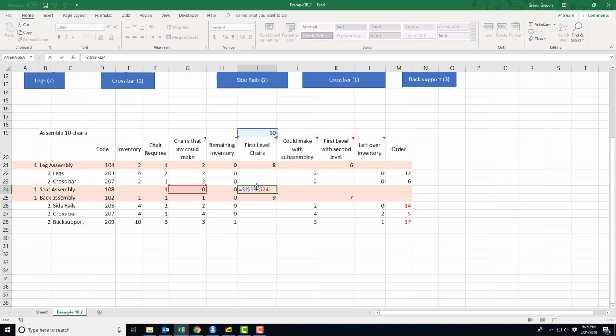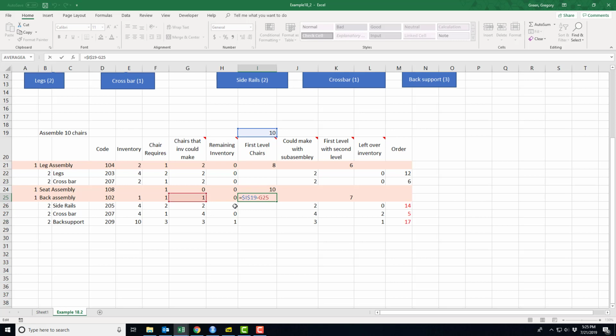I need to make 10 chairs, so I'm going to have to make 10 seat assemblies. Given the seat assembly inventory I have, it's not going to help me reduce the number of chairs I need to make.